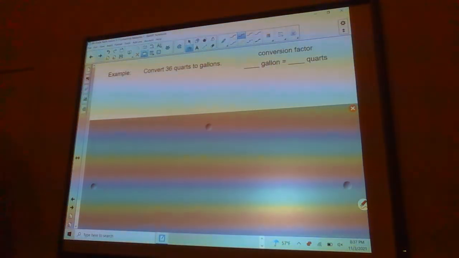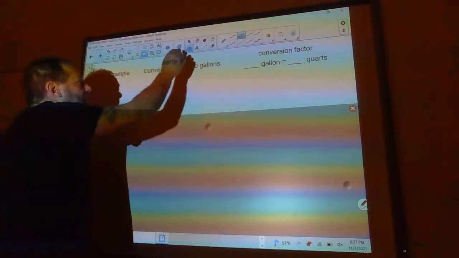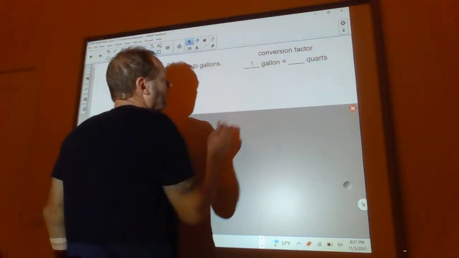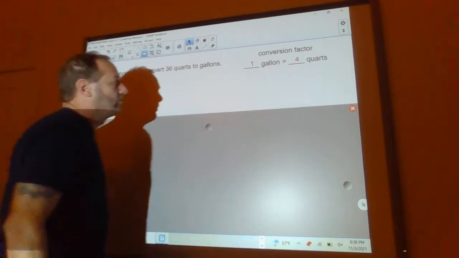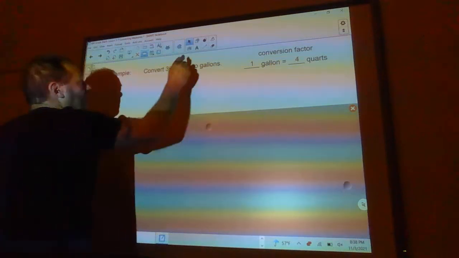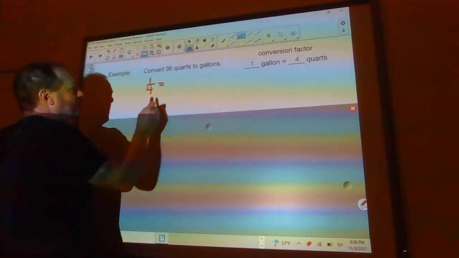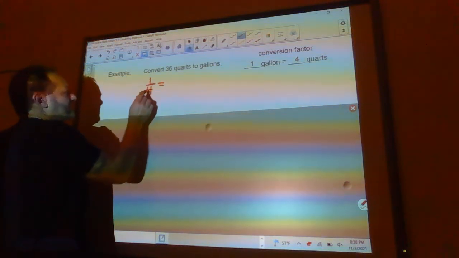Okay, so we're going to convert 36 quarts to gallons. So we need a conversion factor. As we talked about, 1 gallon was 4 quarts. So we can write 1 is to 4. Now we've got gallons is to quarts.